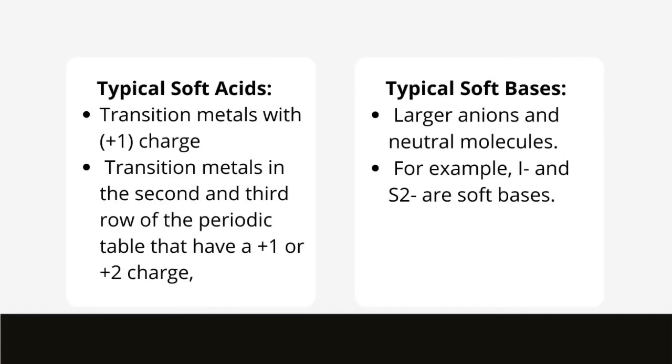The typical soft acids are transition metals with +1 charge, and transition metals in the second and third row of the periodic table that have +1 or +2 charge. Meanwhile, the typical soft bases are larger anions and neutral molecules. For example, I- and S2- are soft bases.